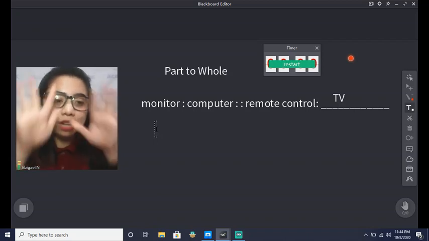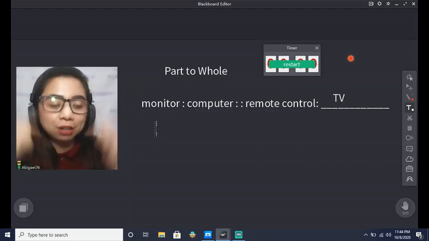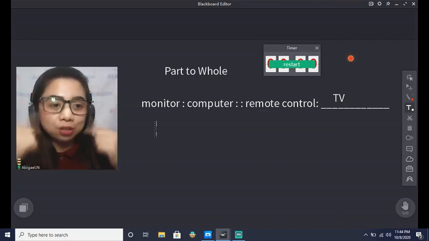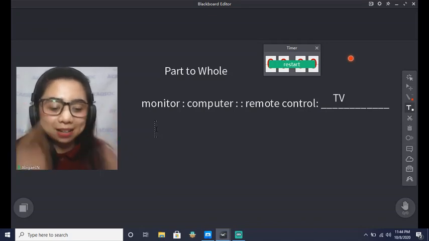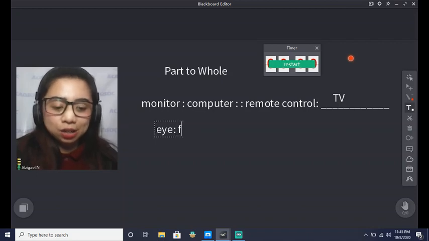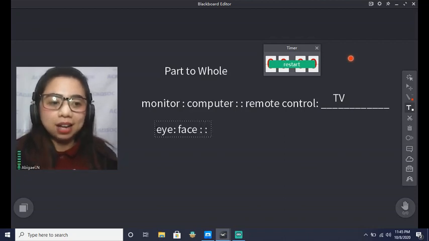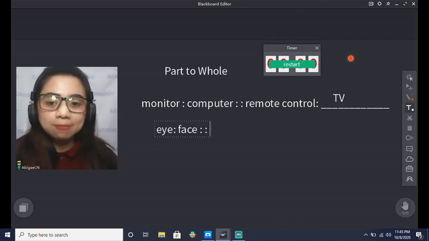You can actually think of people's body parts. For example, our face. Let's focus on our face. What part of the face do you want to say? Let's think of one part. Eye is to face, right, as... let's think of a part of our body.